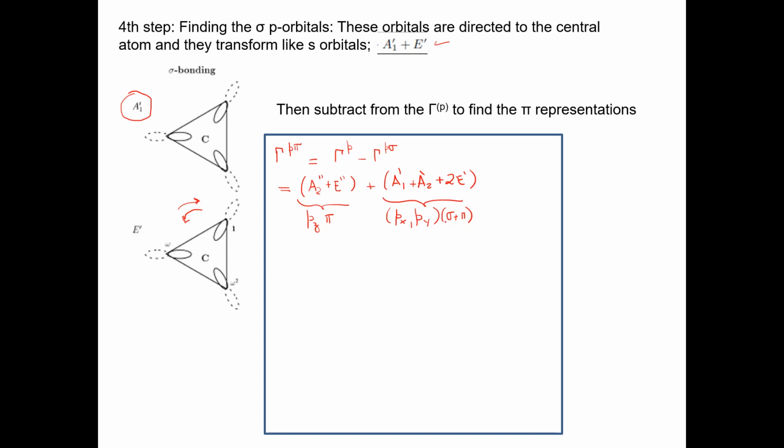And now I subtract the sigma part. This is the sigma representations. So minus A1 prime minus E prime. Okay.